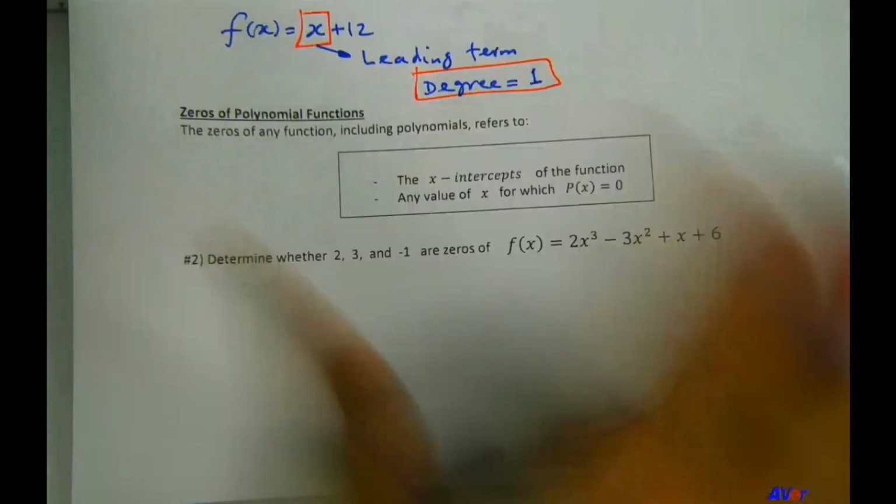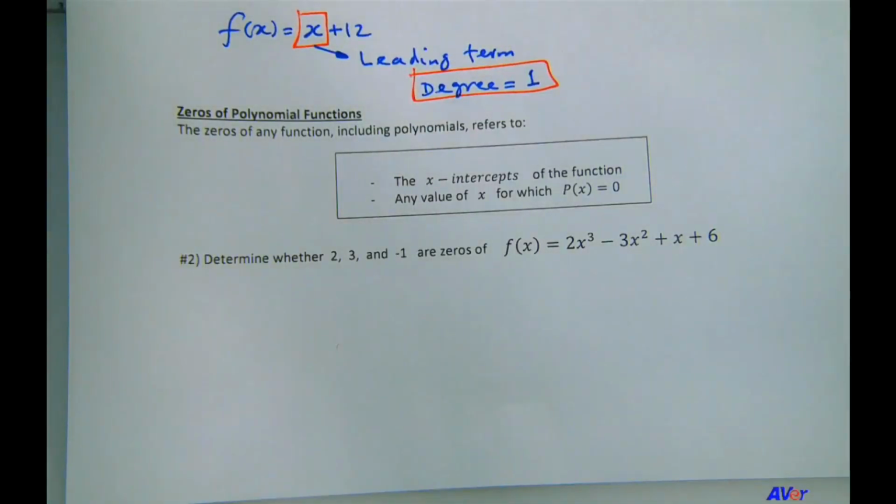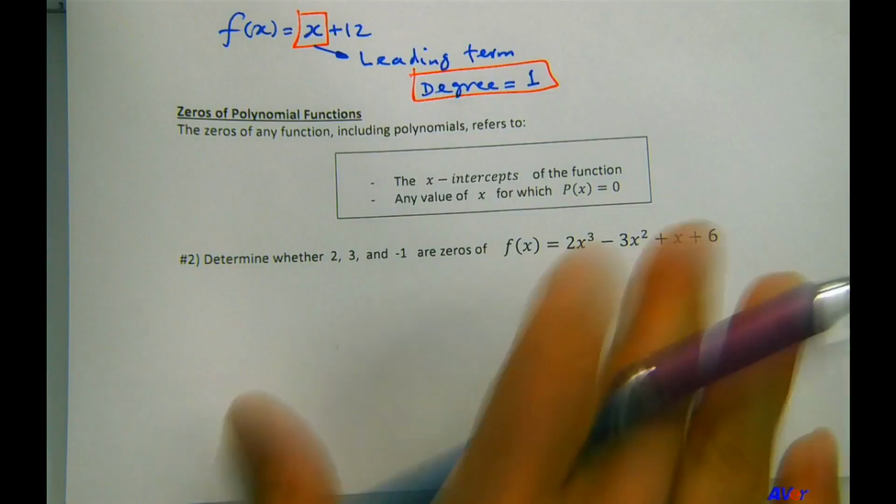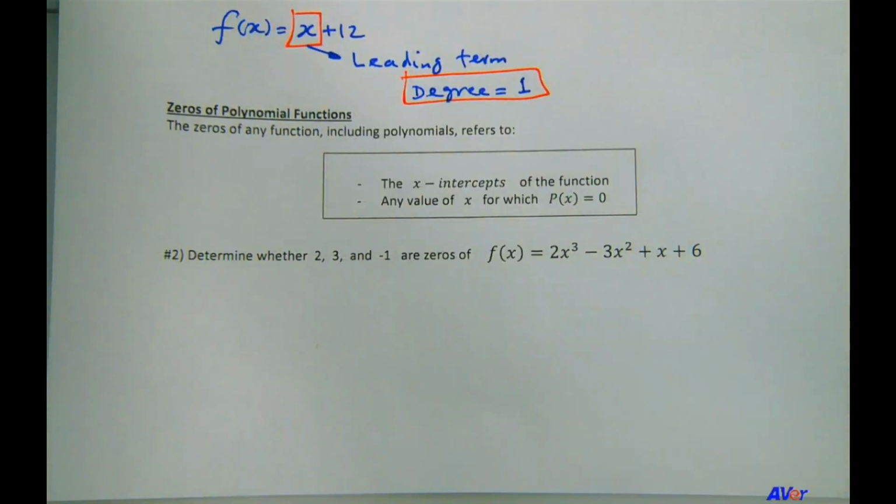All right, so the next topic, zeros of a polynomial function. We've talked about zeros of a function before, right? Zeros of a function have different names. One is zeros of functions. The other one is the x-intercepts. Remember, x-intercepts are zeros of a function.